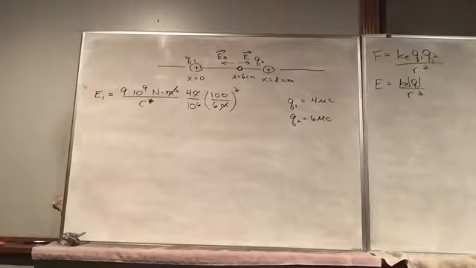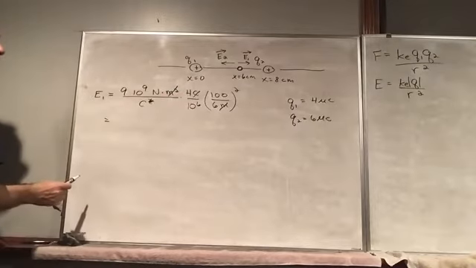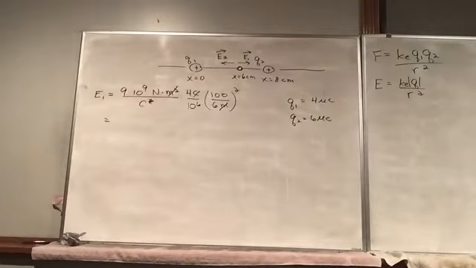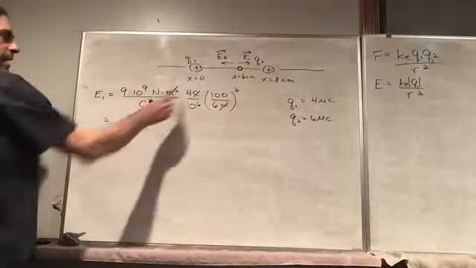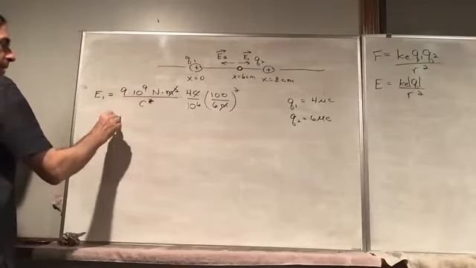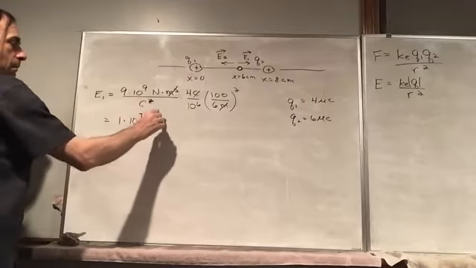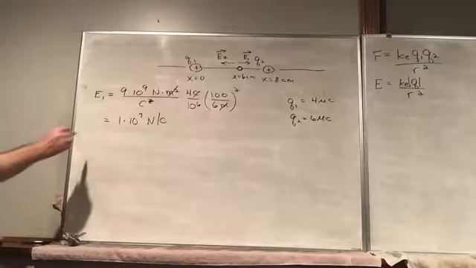So units are going to be newtons over coulomb. 9 times 4 is 36, and 6 squared is 36. So that's going to work out nicely. So we just have 10 to the 13 over 10 to the 6. So we have 1 times 10 to the 7th newtons per coulomb for E1.